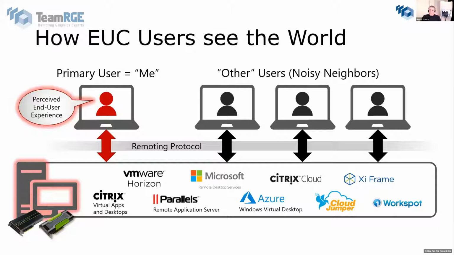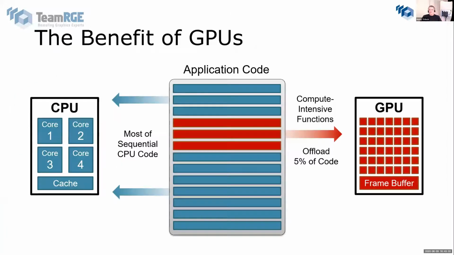And this degrades the user experience, and this is one of the things that you can compensate with GPUs. You have the CPU, and the CPU still runs most of the code, even if there is a GPU. But for very compute intensive functions, the CPU can offload the code to the GPU. The GPU is optimized to run these compute intensive functions, typically by parallelizing them.